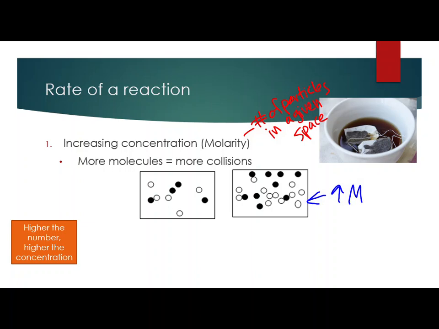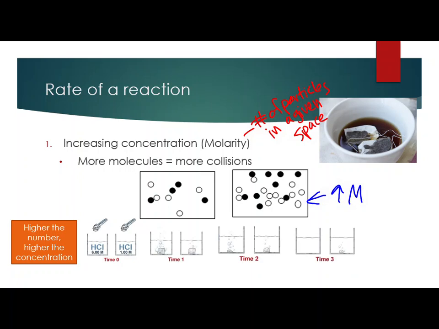Like cutting the hallway in half was decreasing the space, or adding more people to the building was increasing the particles. Okay? So that was one way to change. Those are both ways to change molarity. More particles or less space, it increases, they're going to bump into each other more, and then you're going to maybe have a more effective collision where it actually results in a reaction.